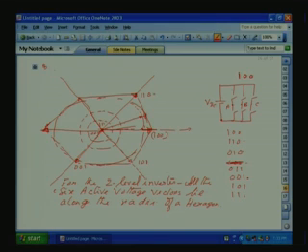This angle is equal to 30 degree. This angle is equal to 60 degree. This amplitude is equal to VDC. So, the maximum radii is equal to VDC into cos 30. That is equal to root 3 by 2 VDC. So, this is the maximum radii possible, root 3 by 2 VDC.